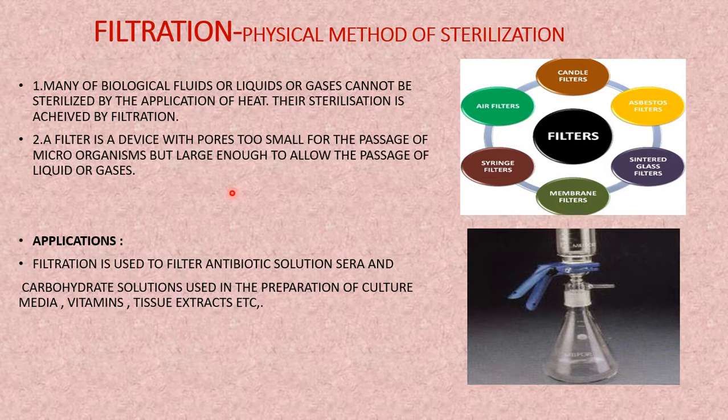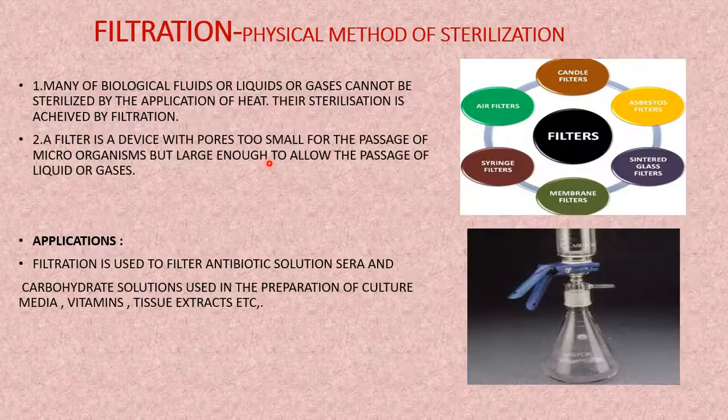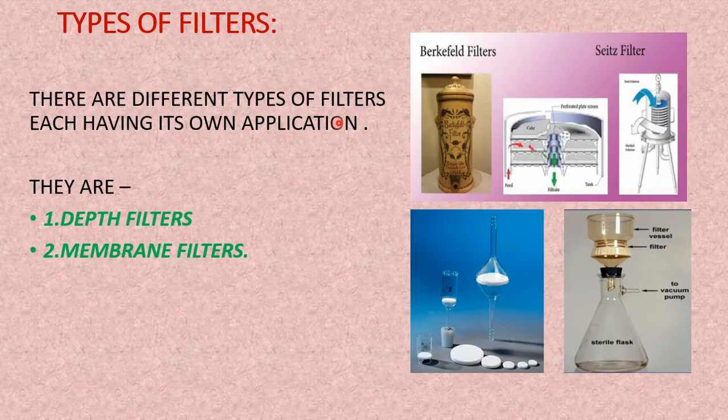Now, coming to the different types of filters we just saw, we will discuss a few of them. There are different types of filters, each having its own applications. Majorly, filters are classified into two types: depth filters and membrane filters.